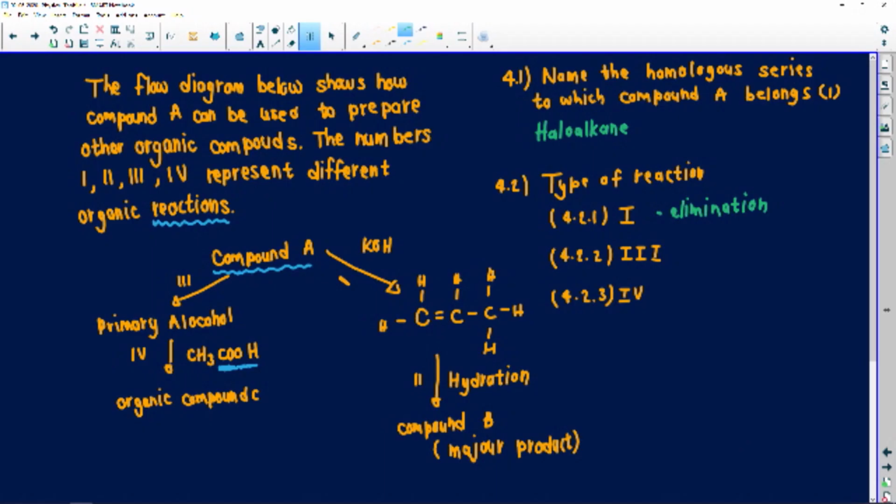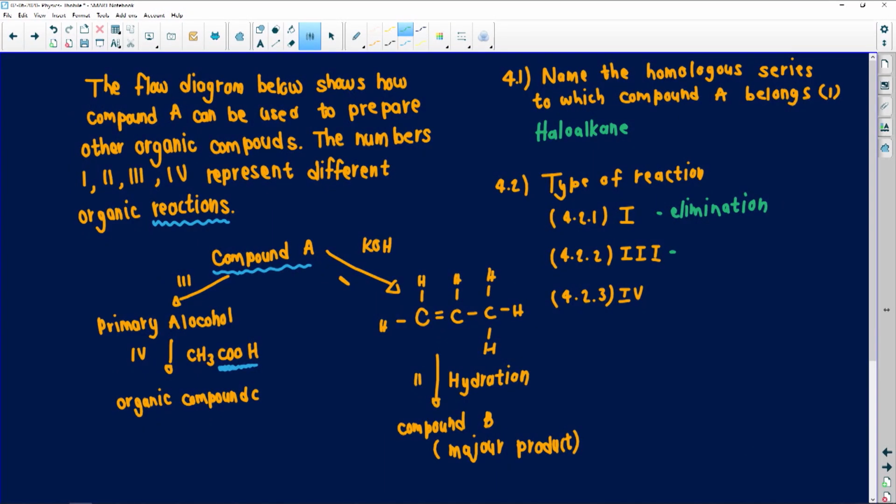So it could be a substitution reaction, because it doesn't show me something was removed by a double bond. Remember, with a substitution reaction, it's also the conversion of haloalkanes to alcohols. If a haloalkane is converted to an alcohol, already in your mind you must think substitution, and so forth.